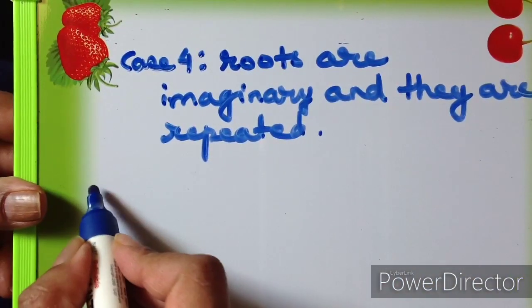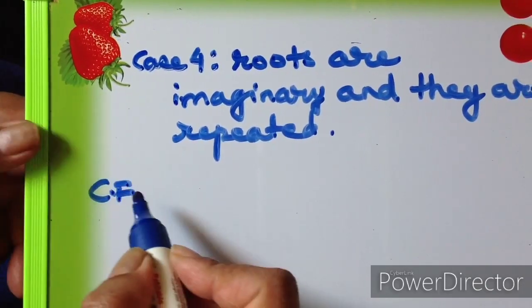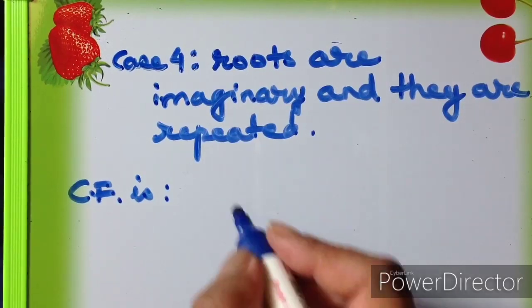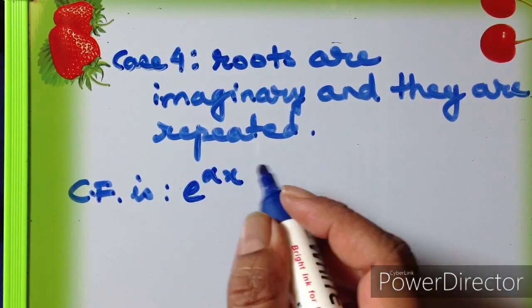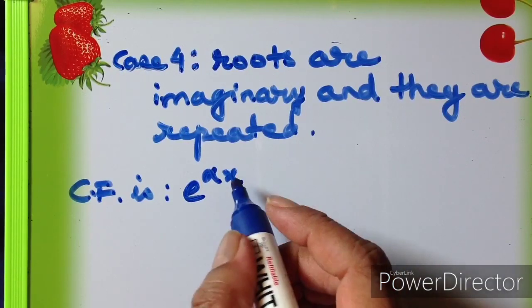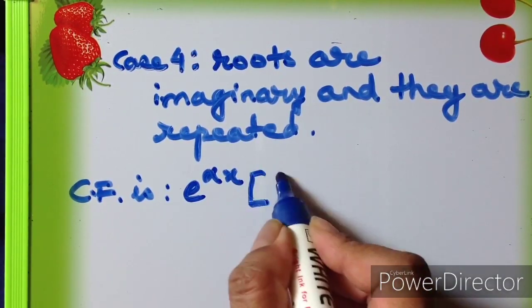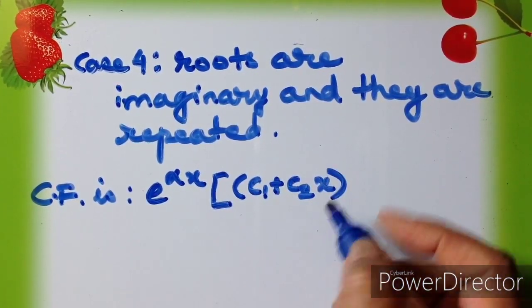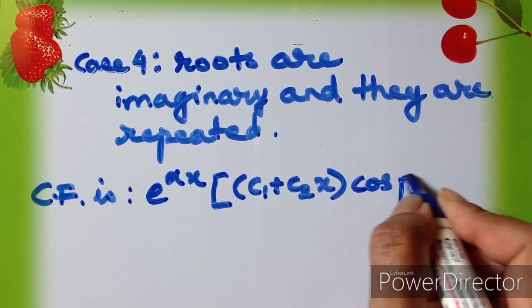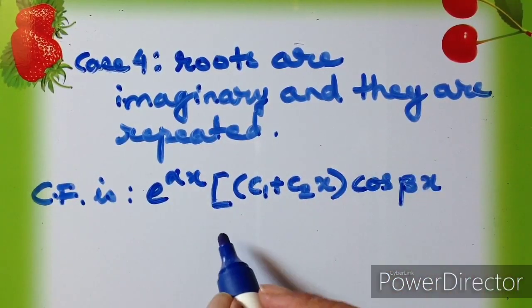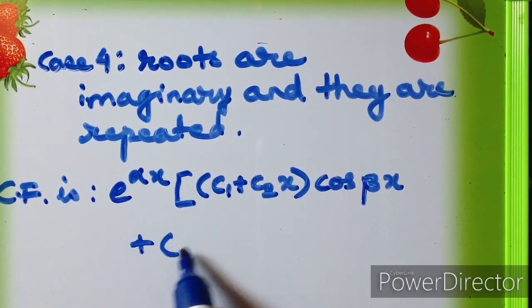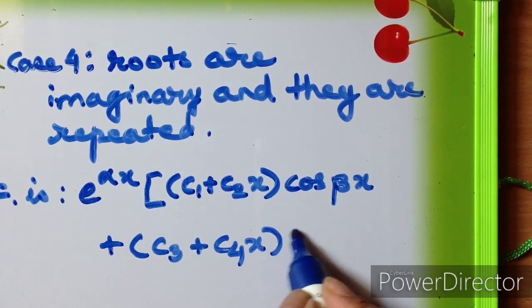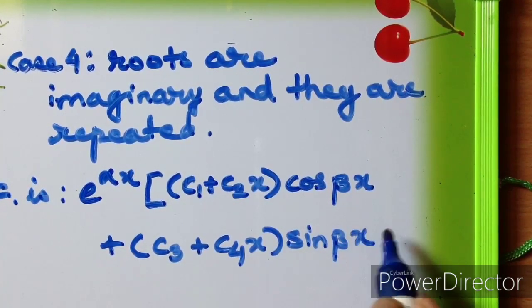In this case the CF is e raised to alpha x into bracket c1 plus c2x into cos beta x plus c3 plus c4x into sin beta x.